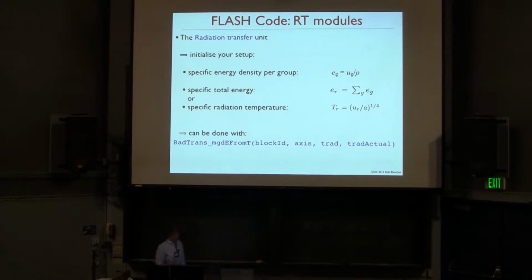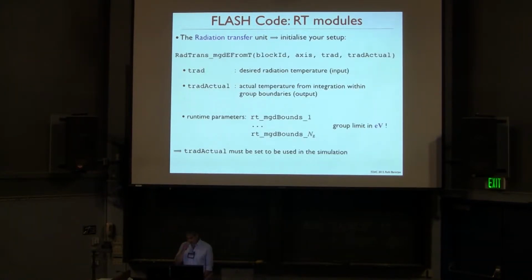But you have to be aware that this function also recalculates the temperature you put in here, and you will get back what is called an actual temperature. The reason for this is that if you provide frequency groups, you have an upper and a lower end to them.